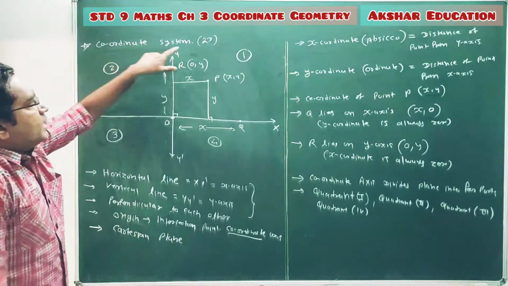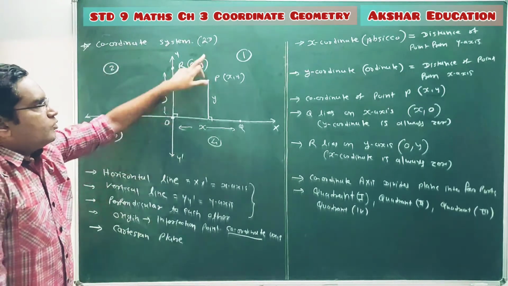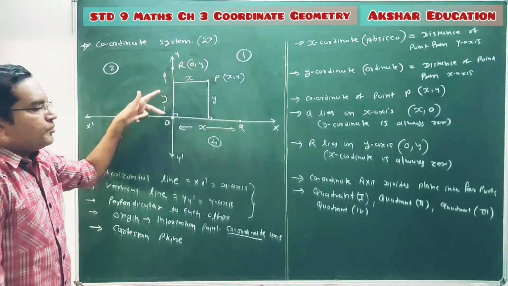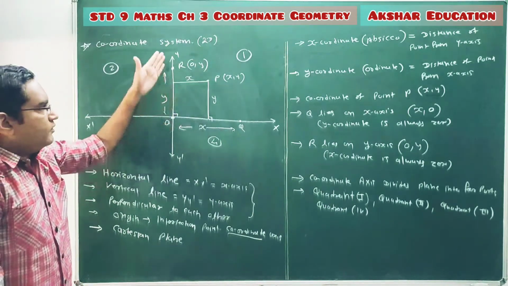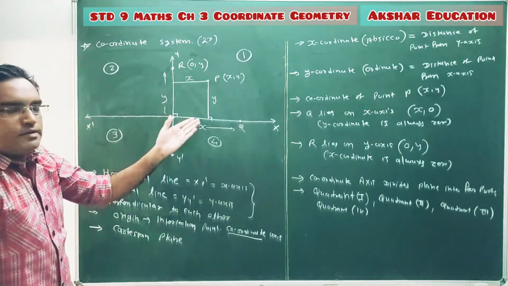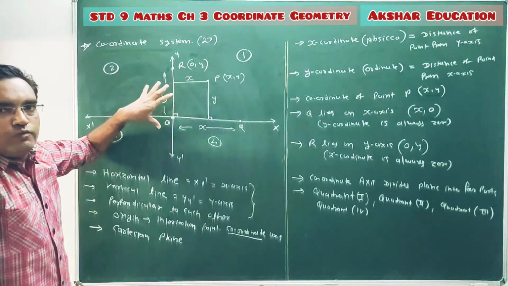This is basically a 2-dimensional geometrical system. For a 2-dimensional geometrical system, we make use of 2 perpendicular axes, one vertical axis and one horizontal axis, and it will divide our plane into 4 parts.